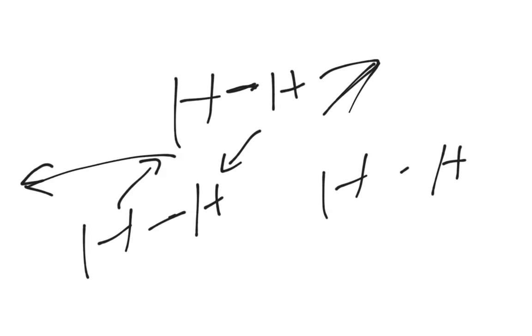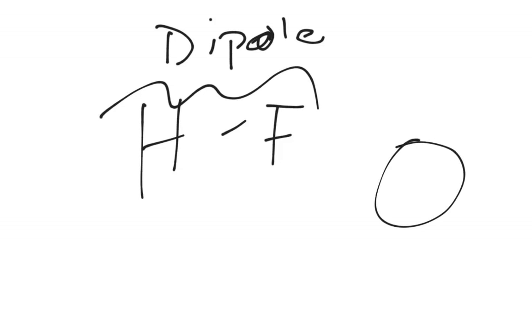And we have names for these different types of interactions. When I have a molecule like this, I can say that this has a dipole to it. And all that means, like the Earth has a dipole, right? I have the North Pole, I have the South Pole. It is dipolar. I have a partial positive, I have a partial negative. That's why we have a polar bond there.